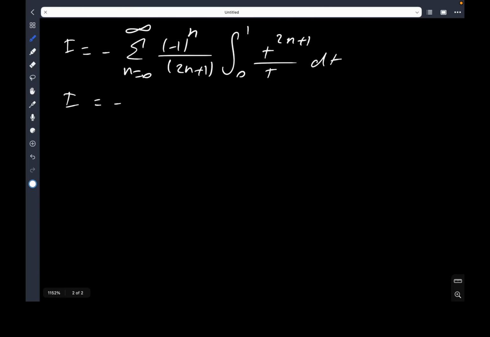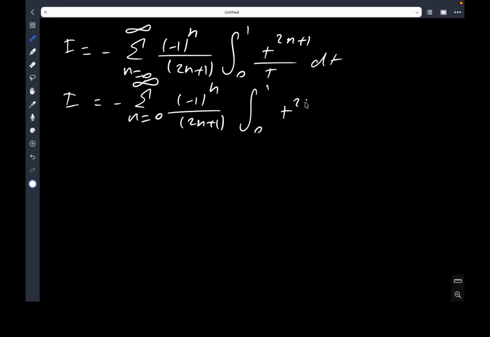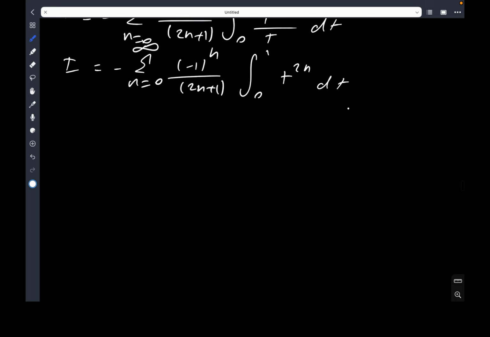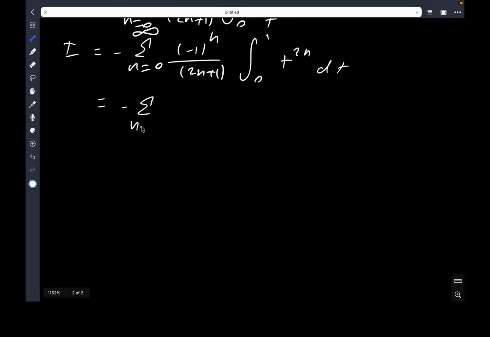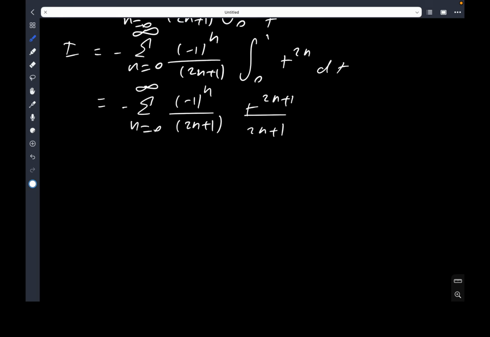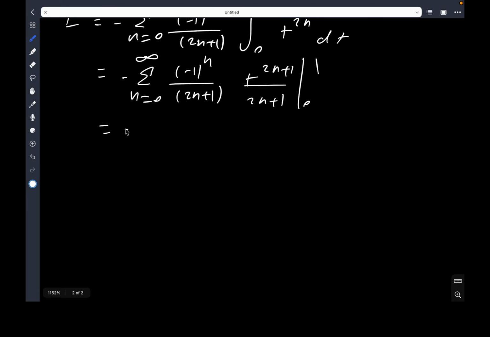And according to the power rule, this is going to become t to the 2n dt, and with the power rule of integration, I can write it as t to the 2n plus 1 over 2n plus 1, from 0 to 1, and that is going to give me 1 to the 2n plus 1, which is 1 since 1 to any power is 1, and 0 to any positive power is 0.